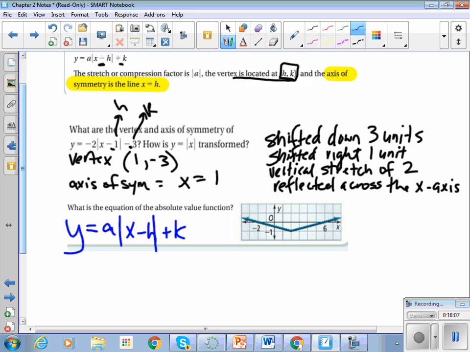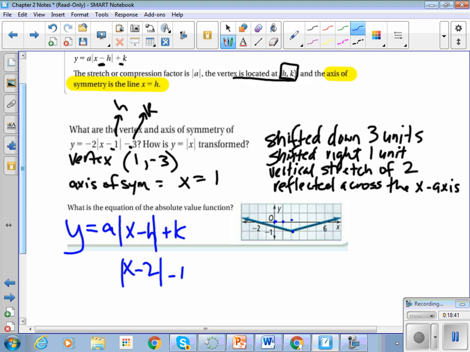So normally we would start here at the origin, but we are shifted to the right 2 units. So to shift right, that takes that h value and makes it 2. We are shifted down 1 unit. So we are going to take that k and make it a minus 1.